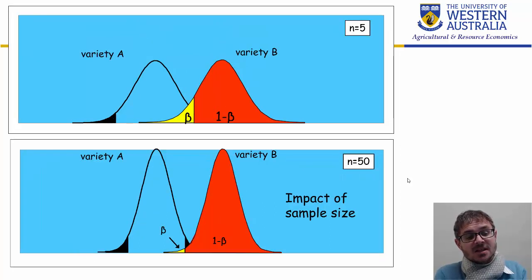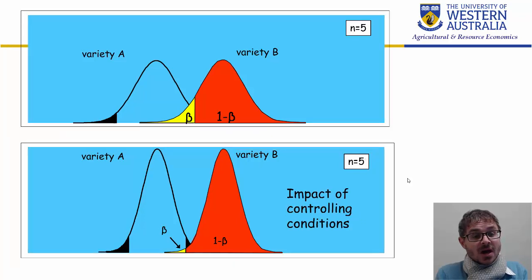Sample size, where does that come out? It comes in via the standard error of the mean, which is the sample standard deviation divided by the square root of the sample size. So if we get a tighter distribution, we get more power, more ability to detect differences, which is really what we're trying to do.